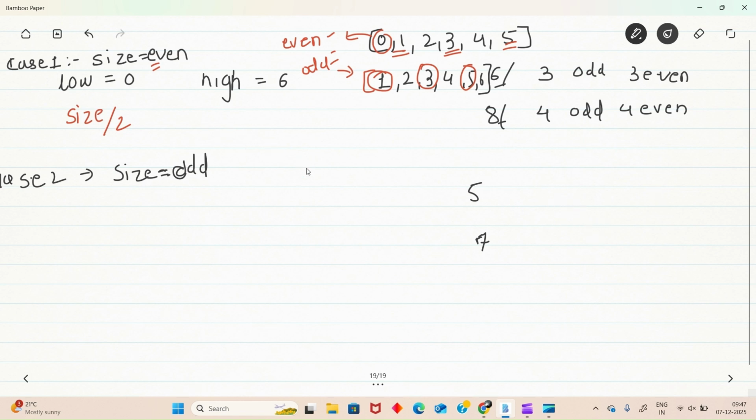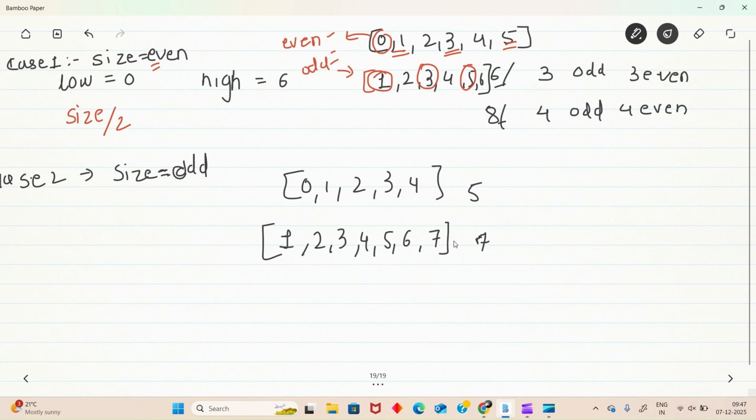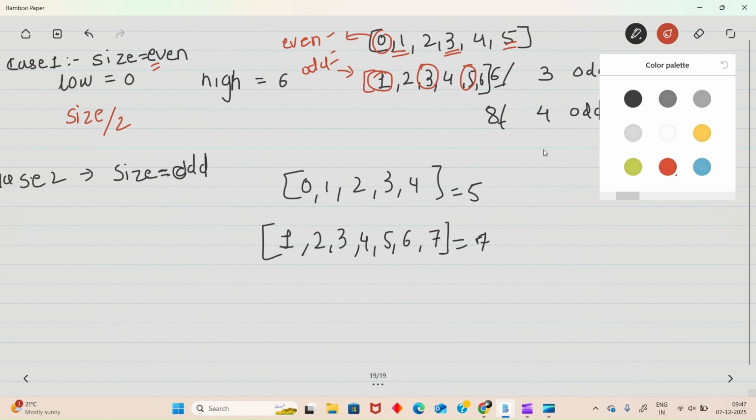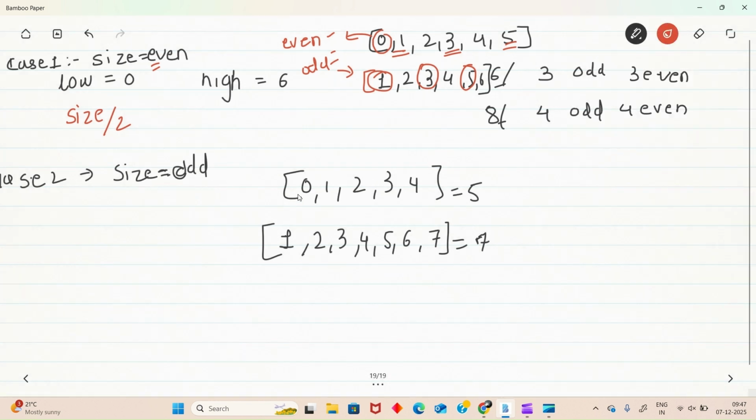So consider this array: 0, 1, 2, 3, 4. This is my 5 sized array. And if it is starting with 1: 1, 2, 3, 4, 5, 6, 7. This is my 7 sized array. Here the array starts with an even number and ends with even. What are odd? 1 and 3.